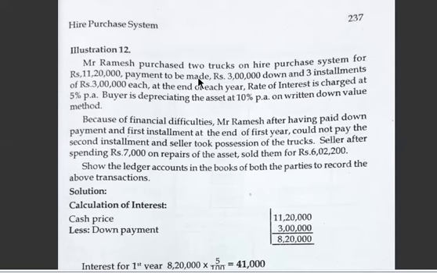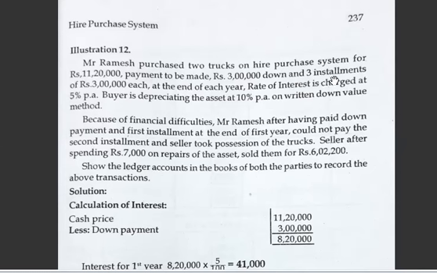The problem is: Mr. Ramesh purchased 2 trucks on hire purchase system for 11,20,000, and payment is to be made as 3 lakh down and 3 installments of rupees 3 lakh each at the end of each year.